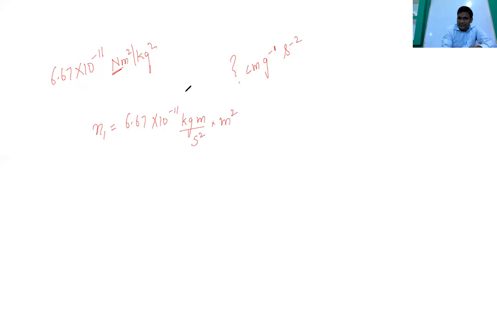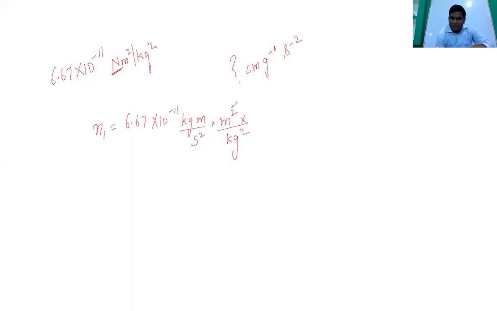Meter square, per kilogram square, isn't it? So this is the case. Yes, sir. This unit was given, Newton meter square, and this is per kilogram square. Yes, this is the case.